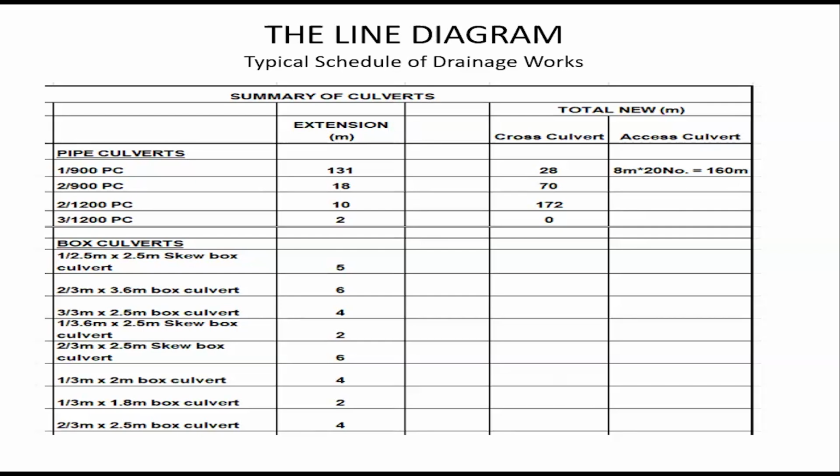And the access covers are 20 and 8 meters in length, so that will give you 160 meters. Then we have box culverts also to be extended, as shown in this typical drainage summary of culverts.